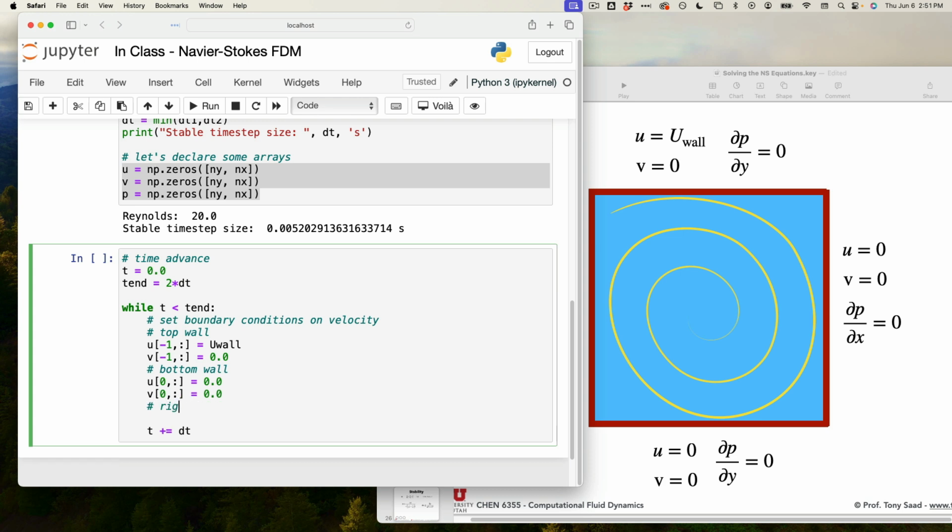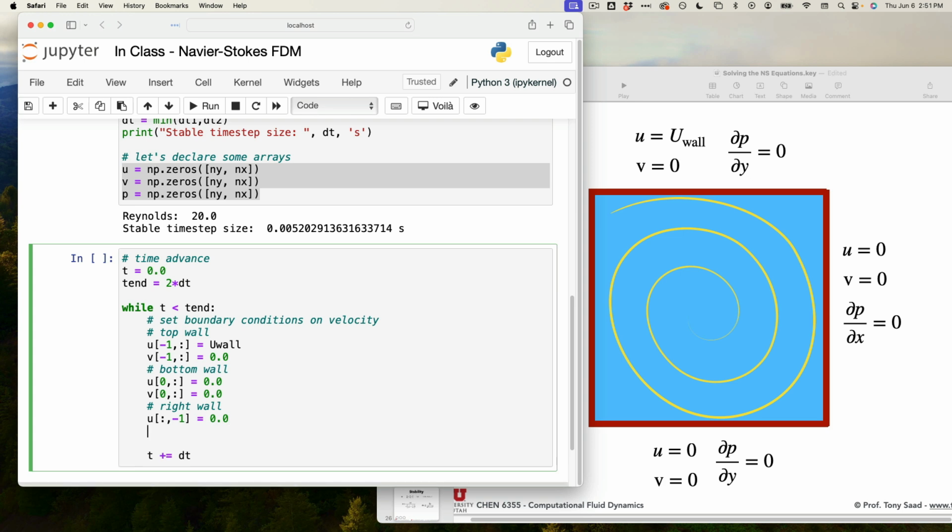Okay. Right wall, now we're changing in x. We just have to change the indexing. So u and v are equal to 0. So u for all y at the right wall, which is -1 index in i, is 0.0, and v for all y values at -1 is equal to 0.0. So that's the right wall.